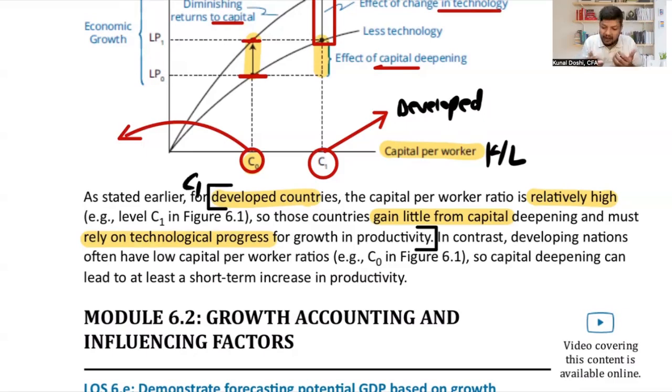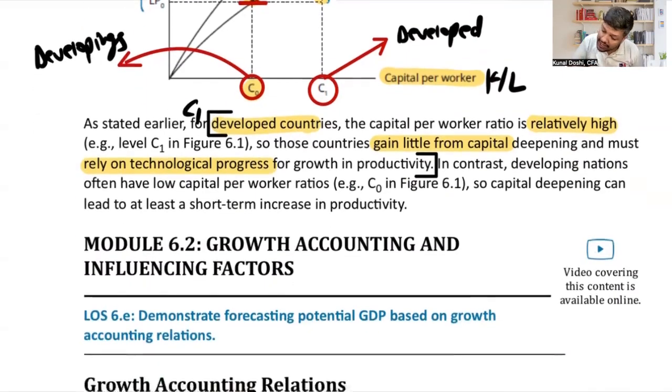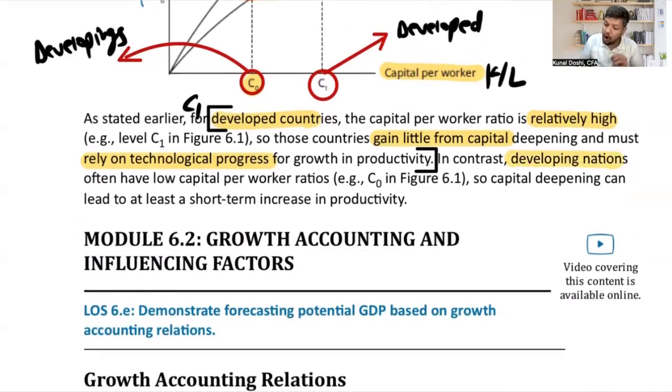But guys, developing economies like the BRICS nations, Brazil, Russia, India, China, South Africa, Nigeria, all of these countries, they still have scope of more capital because they are very much labor intensive still compared to the developed. Okay. So in contrast, the developing nations often have low capital per worker, correct?